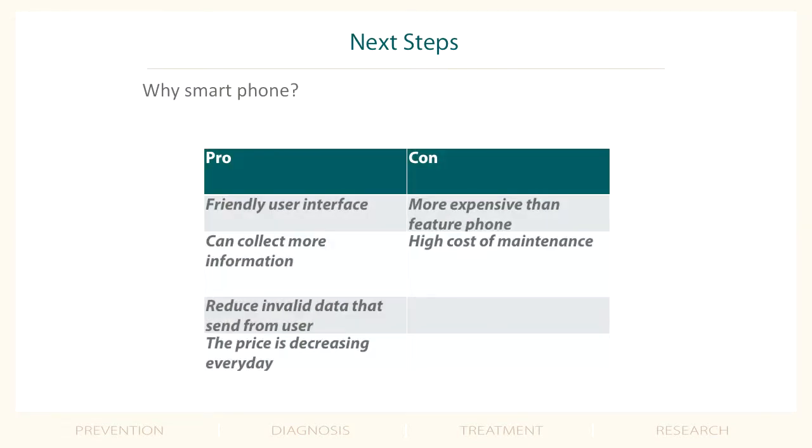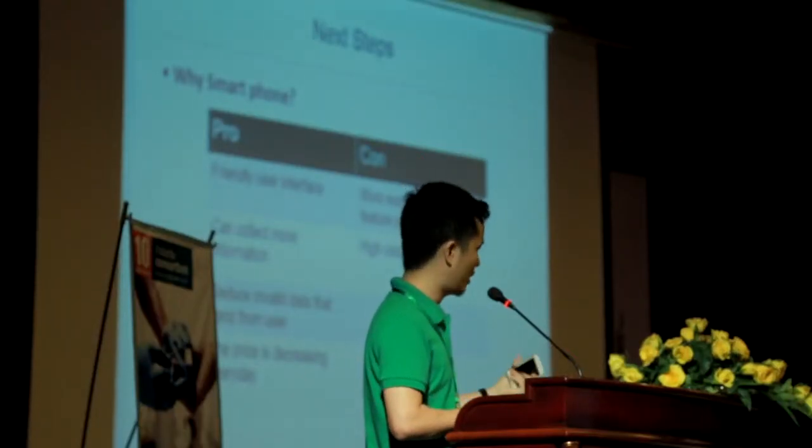And this is still a big debate: whether to replace the basic phone with a smartphone or not. We're still not sure, but I have some pros and cons for the smartphone. If you replace it with a smartphone, the pro is we have a friendly user interface, because we can design a special app.